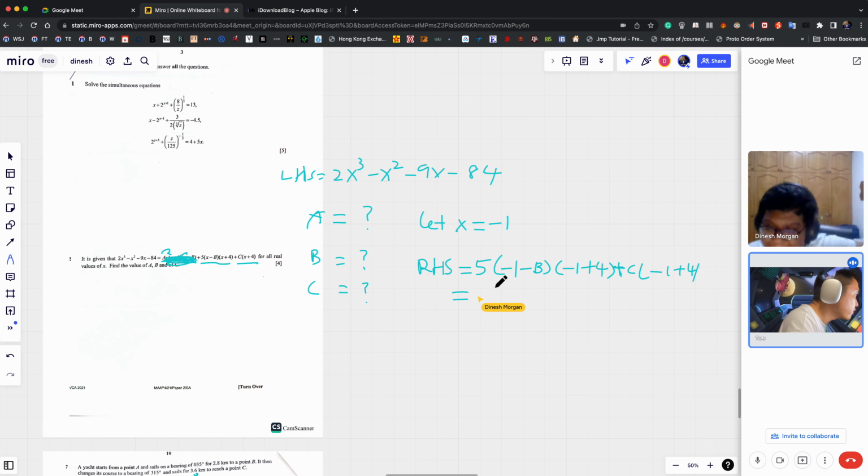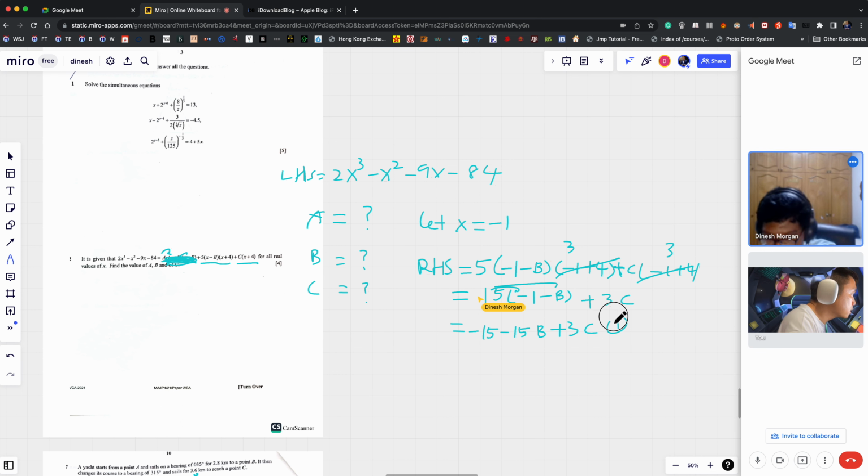Then you continue to simplify this. This will give you 3, this will give you 3. So you get 15 minus 1 minus b plus 3c. Okay, so one equation.